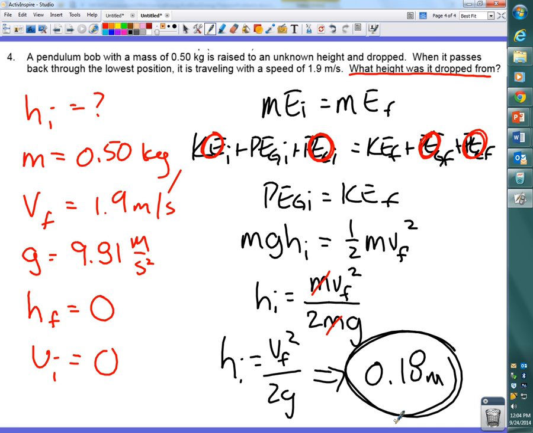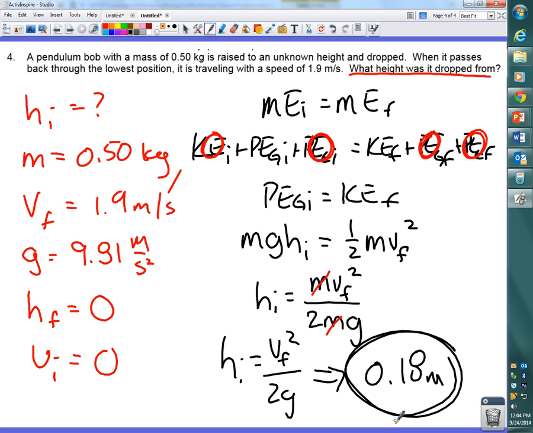Remember, those are just representative of general variables, but here we have numbers for all of those. Okay, good there.